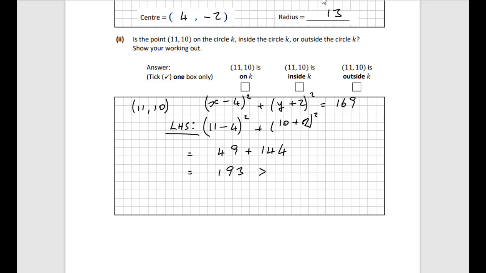That's actually bigger than 169, which was the right-hand side. So therefore (11, 10) is outside the circle K. So we'll tick this box here. Okay, so that's part 2.